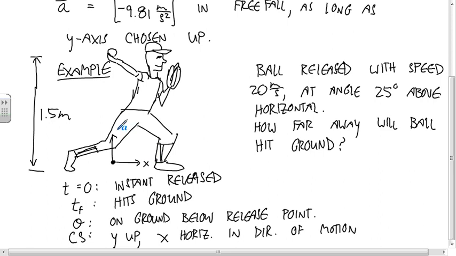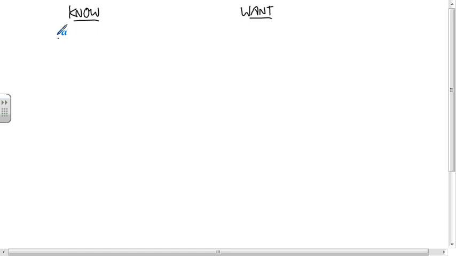X-axis goes this way, y-axis goes this way. At the instant it's released, do we know either component of the position? X equals 0, yep. Do we know the y component? Yep, 1.5. So pi, I'll just write it as a vector like this, is 0, 1.5 meters.